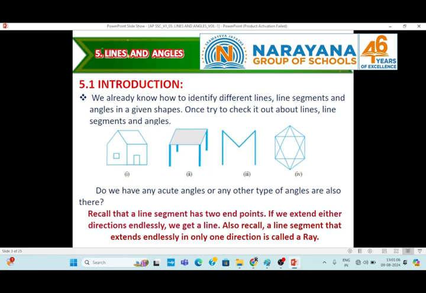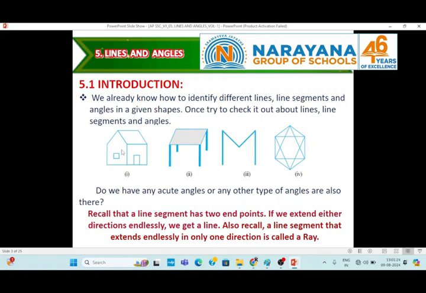In the first subtopic, let us recall, as you know, how to identify different lines, line segments and angles in given shapes. Try to check out the lines, line segments and angles from the given figures.